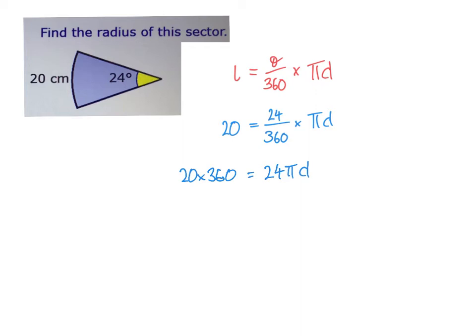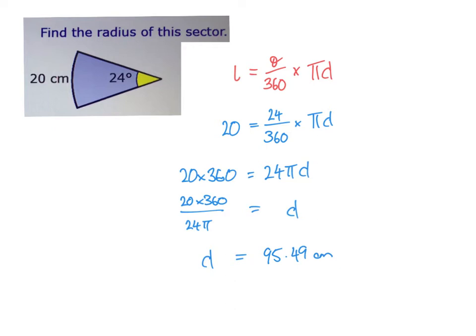And then to find d, we're going to do 20 times 360, but instead of multiplying the right by 24 pi, we're going to take it across and divide the left by 24 pi. And actually, we can write it in our calculators just like this. You can write it like a fraction, 20 times 360 over 24 pi. And when you do that, we should get an answer of, I think, 95.49 centimeters.